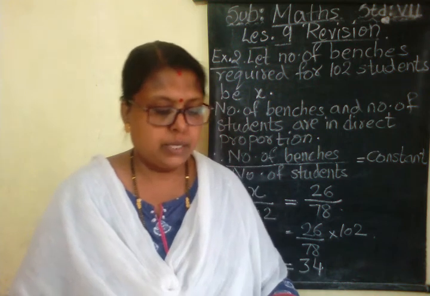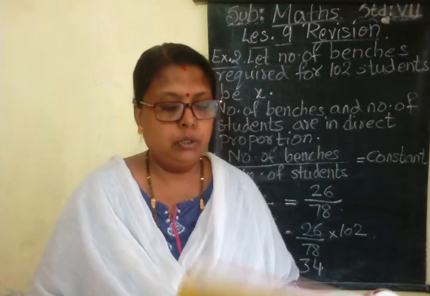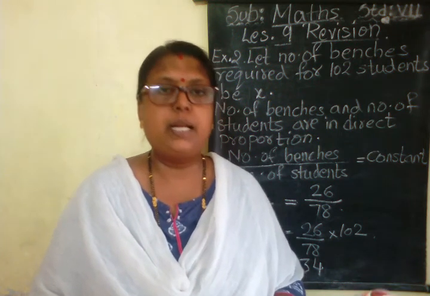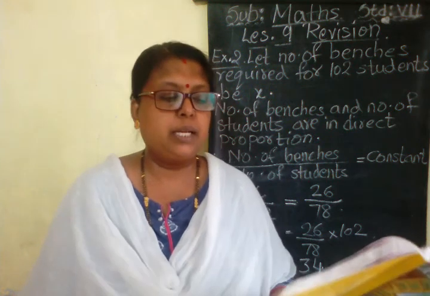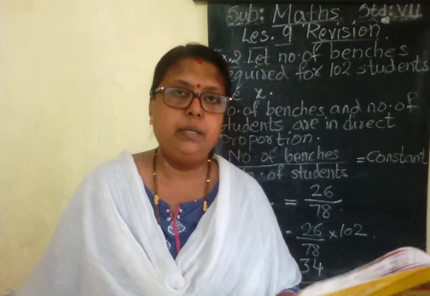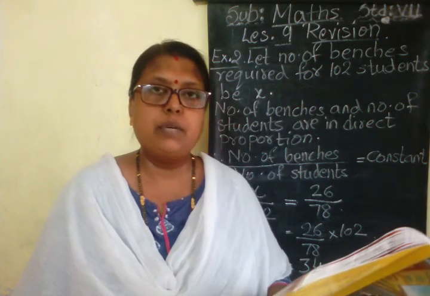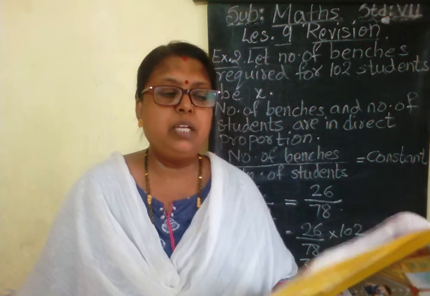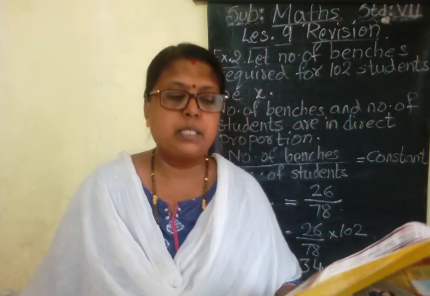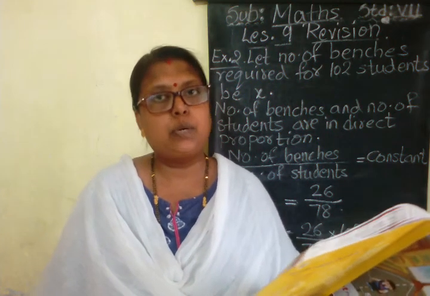Okay. Now you can see one example given in your book. Number of workers and days required to complete a job. If 6 workers are working, they complete the job in 20 days. If 12 are working, the work is completed in 10 days. If 3 are working, they take 40 days, and if 5 are working, they take 24 days.